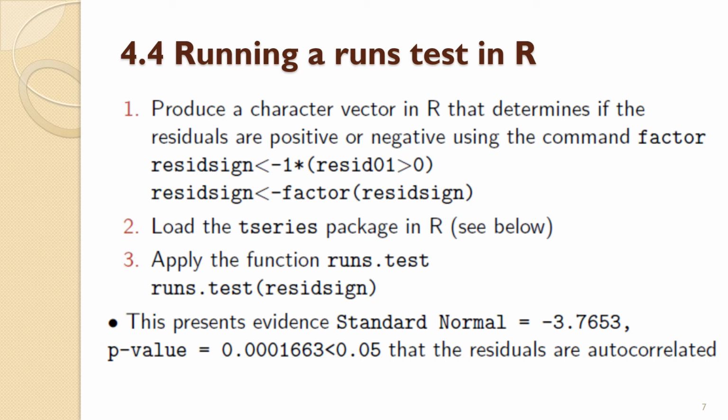In this case, what you find is that the statistic of minus 3.7653 gives a p-value of 0.00163, less than 0.05. So this presents evidence that the residuals are autocorrelated. Okay, so this essentially just reconstructs the previous workings that we've done by hand on the previous slide.